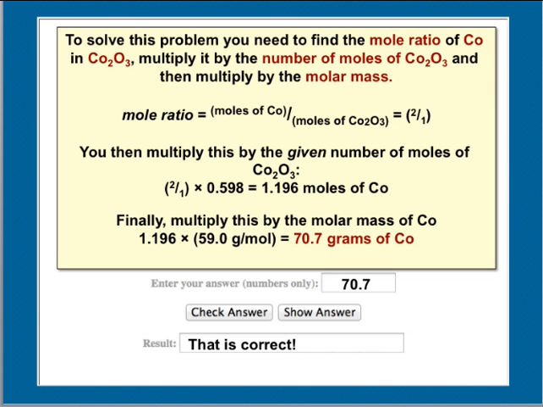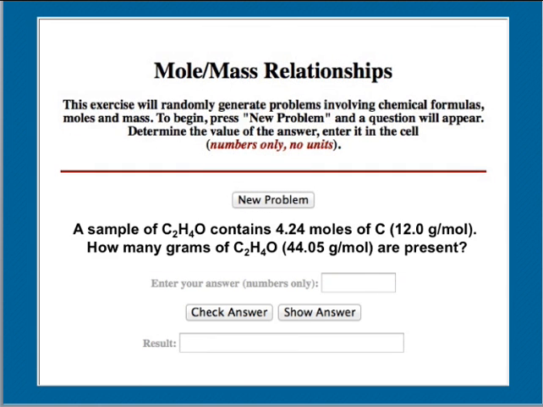Let's do one more. That's an organic compound, C2H4O. Again, contains 4.2 moles of carbon. How many grams of our compound do we have? You should be able to figure this out now.